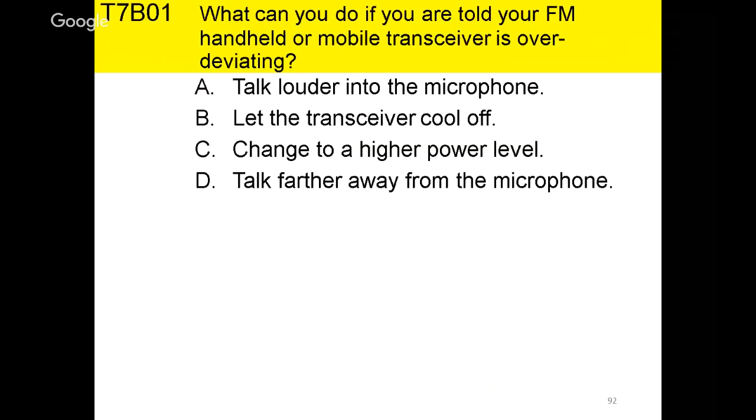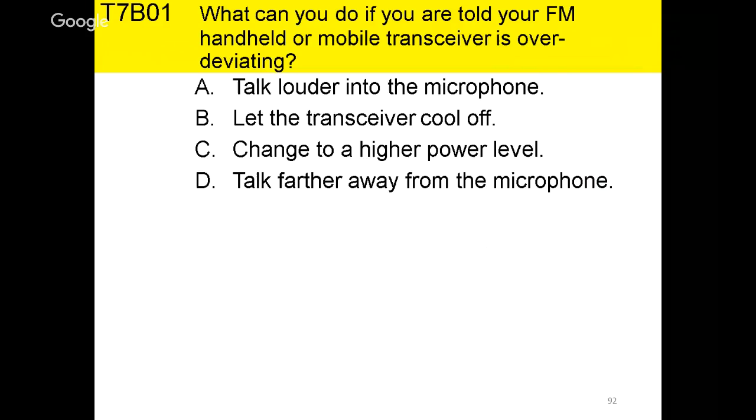What can you do if you're told your FM handheld or mobile transceiver is over deviating? When you over deviate, you're overdriving the modulation circuit that injects your audio into the carrier of your FM transmitter, and usually that's because you're maybe talking too close to it.